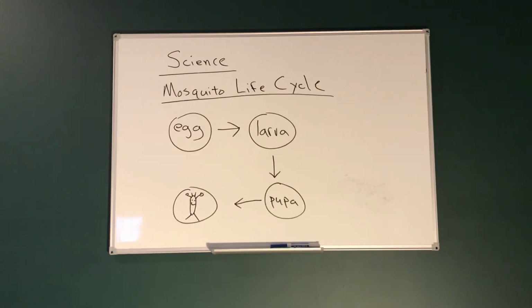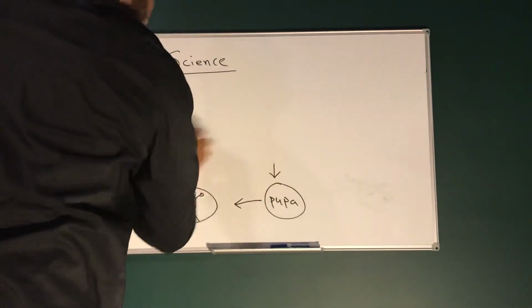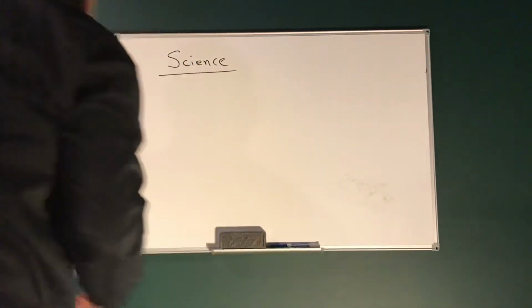I want you all to write down a couple of things that you think go through a life cycle. So yes, we have something else that goes through a life cycle.